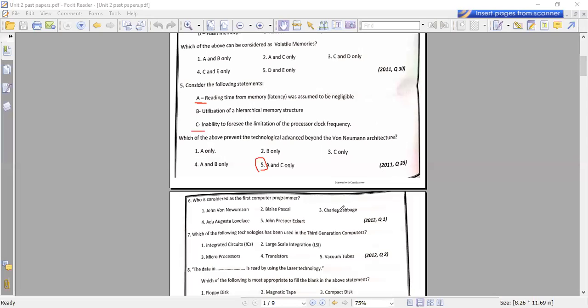Sixth one එකේ ඔයගොල්ලෝ ගන්න තියෙනවා first answer එක, third answer. Who is considered the first computer programmer? So first computer programmer is Ada Augusta Lovelace. This is the answer. Now these things I want to tell you. මේවා ගොඩක් රාට පොඩක් ඔළුවේ තියාගන්න ඕනේ මේ එක එක ඒවා හොයාගත්තා ඒ වගේ.